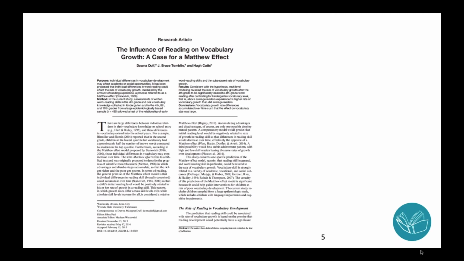Here's an example of a research study that's summarized in a journal. So you want to be looking for journals that are peer reviewed, that include information about how studies are reviewed and what the role of the editorial board is for that journal. And in an actual journal article like this one, you would see a review of the literature at the beginning.